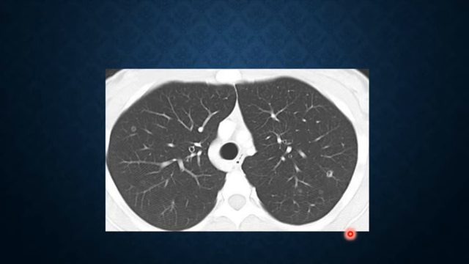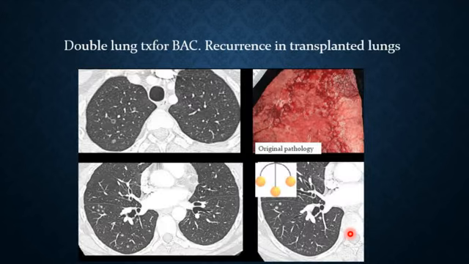This poor guy has a bronchoalveolar carcinoma. He had a double lung transplantation for bronchoalveolar carcinoma. In the transplanted lung, he had a recurrence of the bronchoalveolar carcinoma. This is the worst luck ever. You can see these are the Cheerios here and there, the rounded cavitating things.